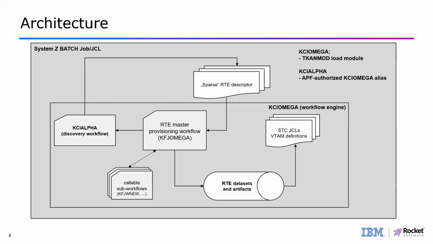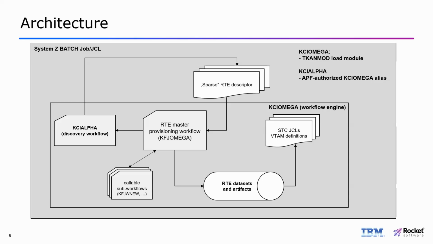At the heart of the product is a so-called workflow engine, which we call KCI Omega. This workflow engine is fed by so-called workflows that look a little bit like JCL skeletons. They can be nested. There is a certain program flow implemented here.